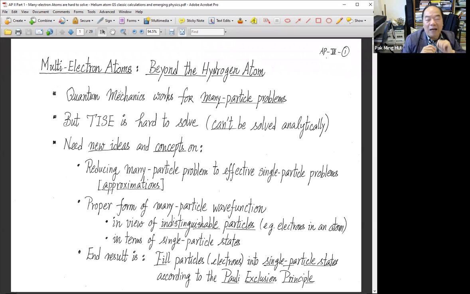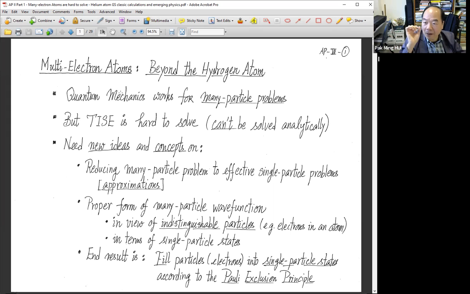Let me tell you, at the end, this description has been very successful. Otherwise, there would be no chemistry. All the chemists think along this line, and they have been very successful. They can make good medicine for us. So how can we possibly treat a problem that cannot be solved in terms of such a useful description?